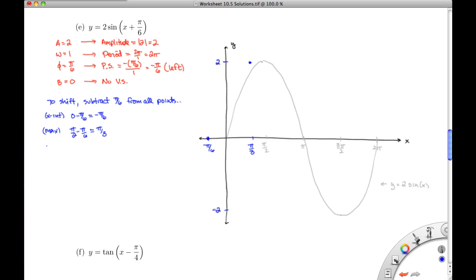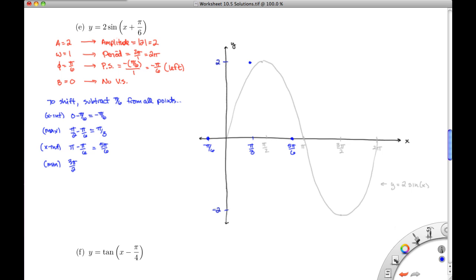Now we've got our x-intercept, which was resting comfortably at pi. But if we subtract pi over 6 from it, that's going to give us 5 pi over 6. So we're going to move that over to 5 pi over 6 and plop that on the x-axis. And then we've had our min, which was at 3 pi over 2.